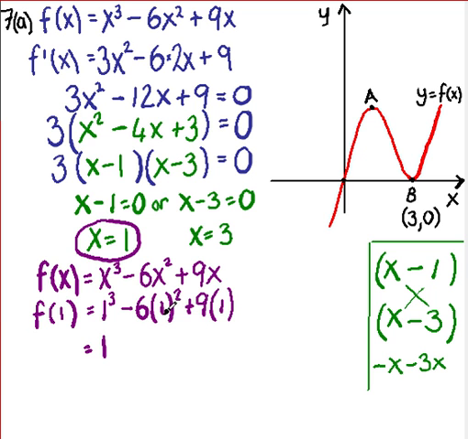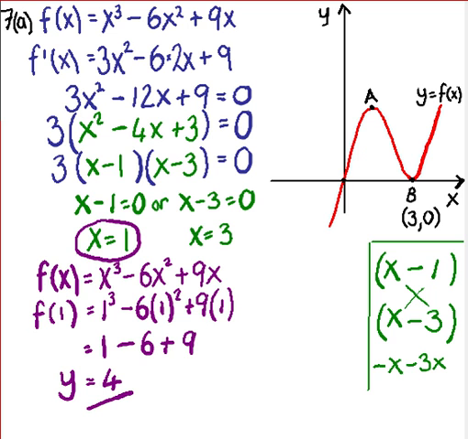And then 1 squared is 1 again, times that by minus 6. That gives us minus 6. And then lastly, 9 times 1 is 9. So we have 1 minus 6 plus 9, and 1 minus 6 plus 9 equals 4. So our function f of x equals 4, or in other words, our y value equals 4.